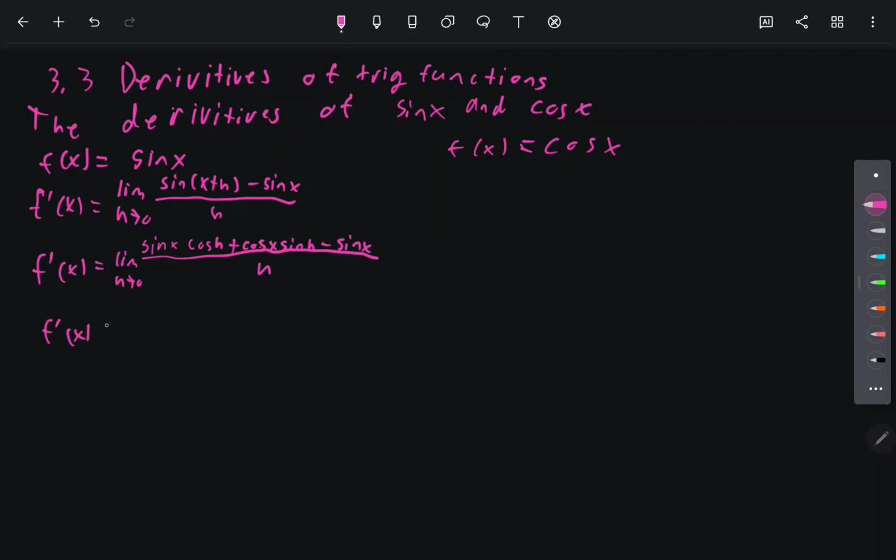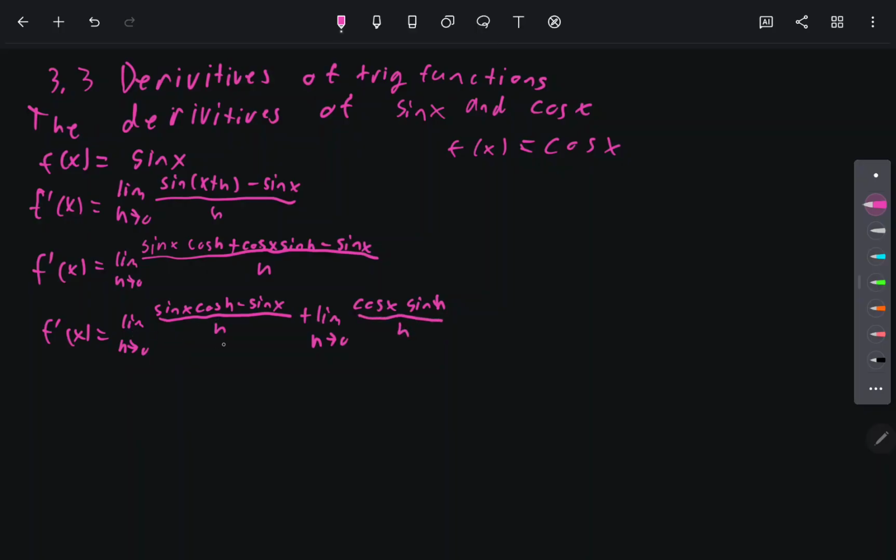So f prime of x is equal to the limit as h approaches 0 of sine of x cosine of h minus sine of x all over h, and we're also going to break this into the plus the limit as h approaches 0 of cosine of x sine of h all over h.